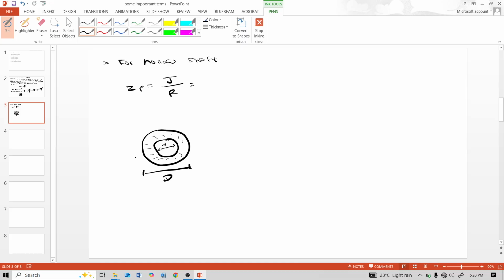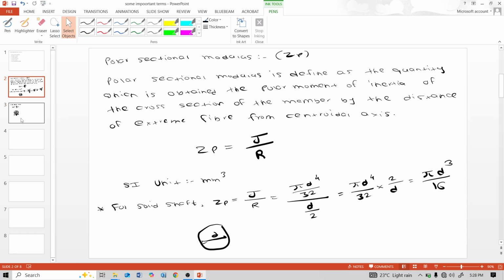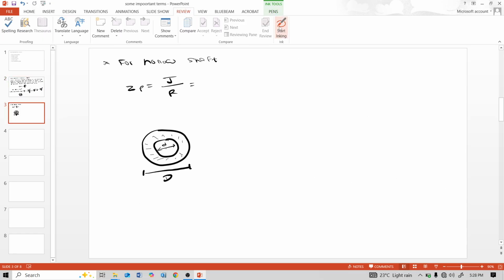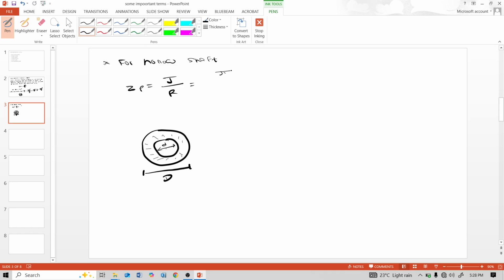So polar moment of inertia is pi by 32 into capital D raised to 4 minus small d raised to 4, divided by radius, capital D by 2.